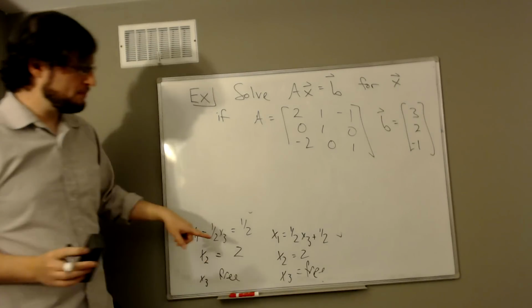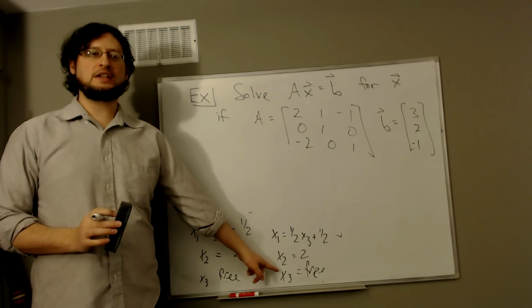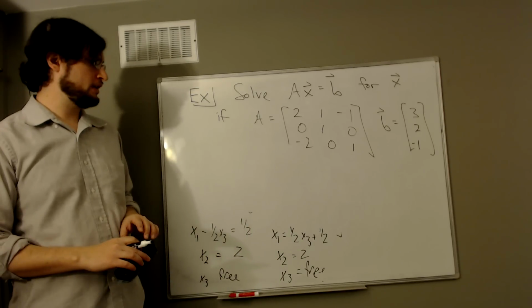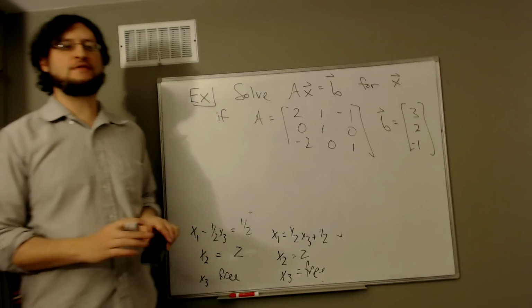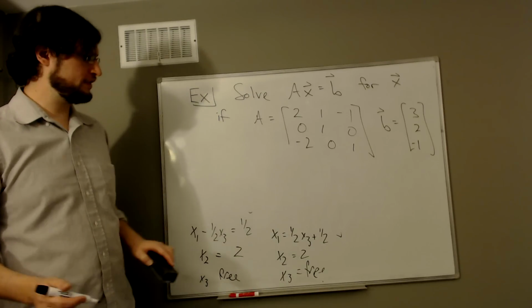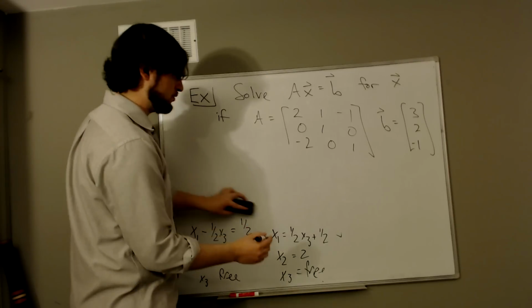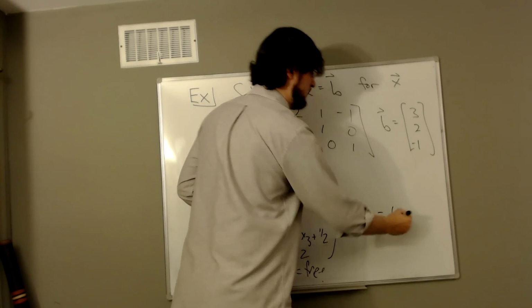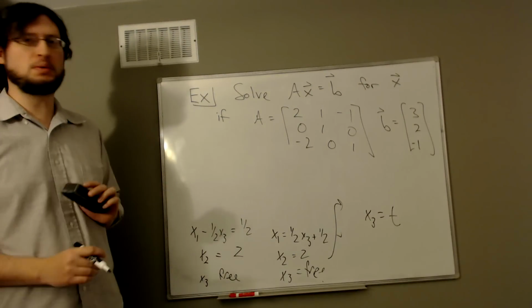All right, remember that x3 is free means that x3 is allowed to be anything I want it to be. So I'm going to pick a value for x3, and just fix it there. So let's call x3 the letter t. And we can pick t to be anything we want it to be.